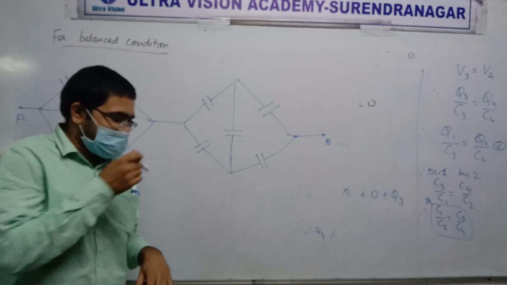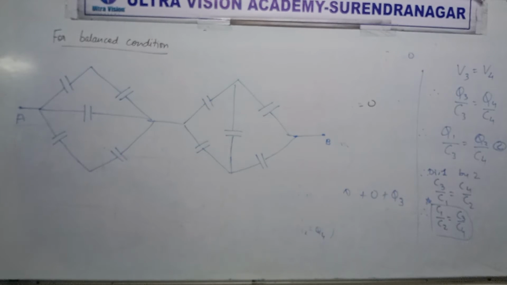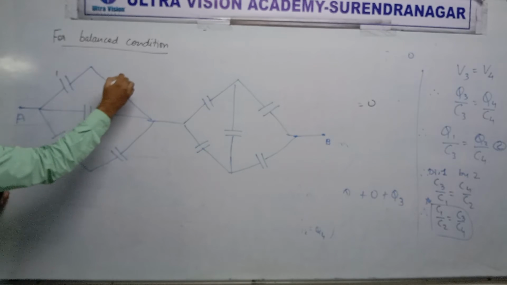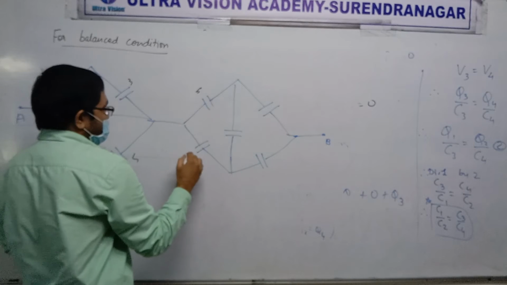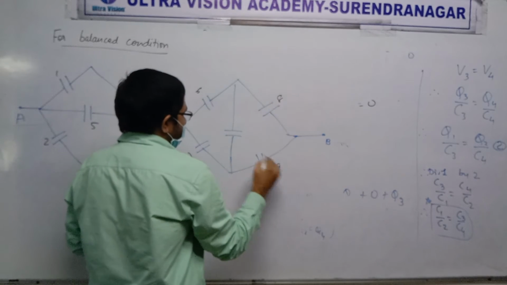So the first thing you should start by doing is trying to identify series and parallel. Okay, let's label capacitors so we can talk about it. 1, 2, 3, 4, 5, 6, 7, 8, 9 and 10.